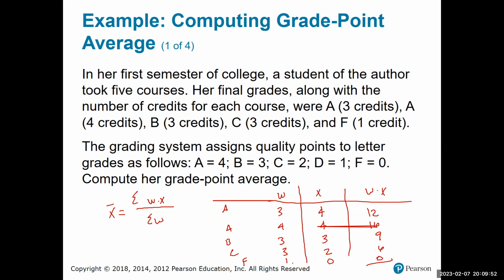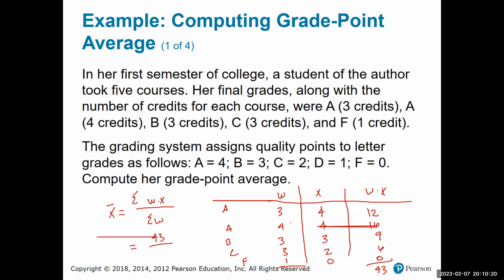All right. So now I have everything I need to calculate the sum of W times X and then the sum of the W's. So the sum of W times X is the sum of this column. So 12 plus 16, 28, plus 9, 37, plus 6, 43. All right, so that goes in the numerator here.